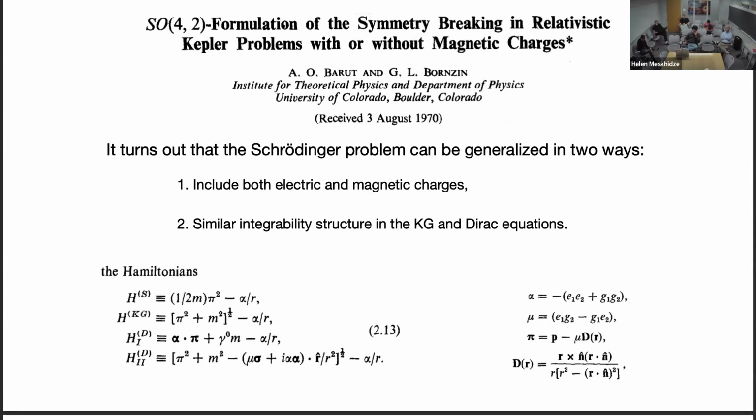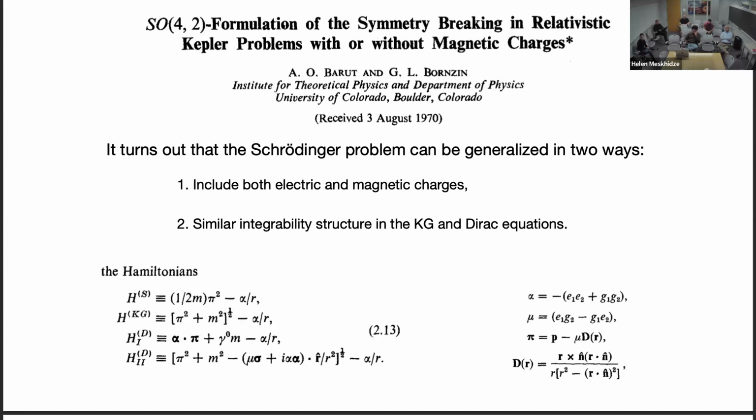It turns out, as I mentioned at the beginning of the talk, that the hydrogen atom is not alone. It's part of a family of problems that can be mapped into each other. This includes the whole set of problems with a central potential, not only scattering from an electric charge, like in the hydrogen atom, but also including a magnetic charge.